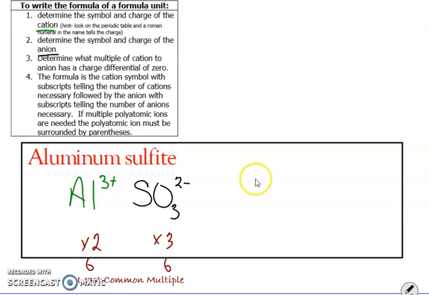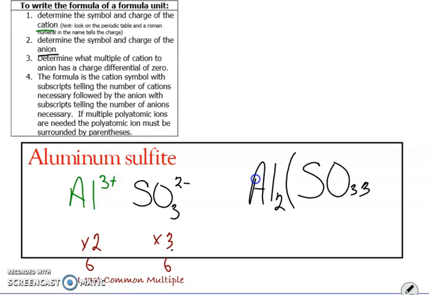And so now we'll have Al2SO3 3. But that looks as though it says Al2SO33. We want 3 SO3s. So the way we indicate that is we put parentheses around the polyatomic ion. If multiple polyatomic ions are needed, you put it in parentheses. Al2(SO3)3.